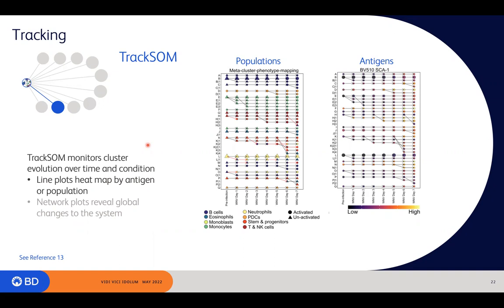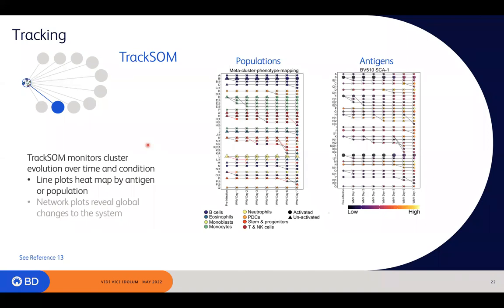Now, TrackSum was published about a year ago by a group over at Centenary. And it's a very powerful tool, I think, because it allows you to watch the evolution of your populations over time.